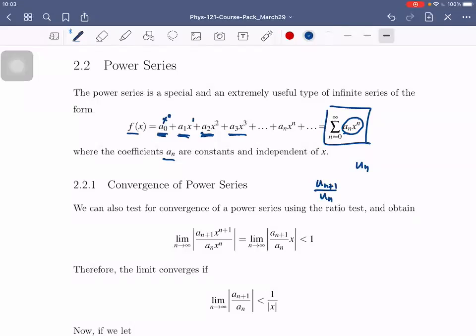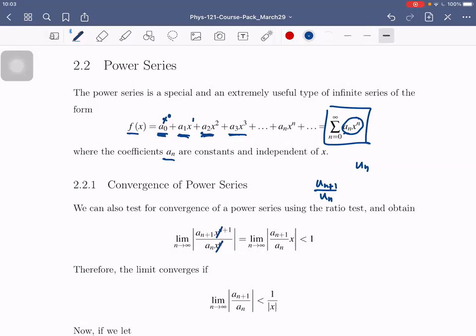Since generally power series could be alternating, we have to take the absolute value. So to test for the convergence, take the limit of u sub n plus 1 over u sub n, and then as n approaches infinity. So since powers lang naman siya, so you have maka-cancel yung x raised to n.